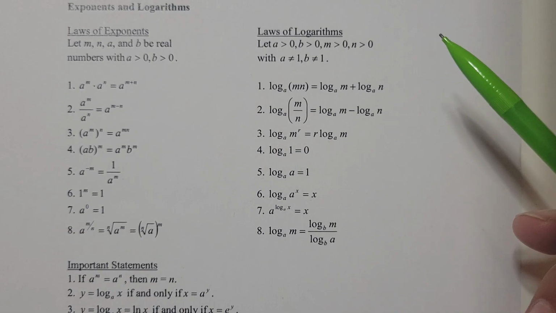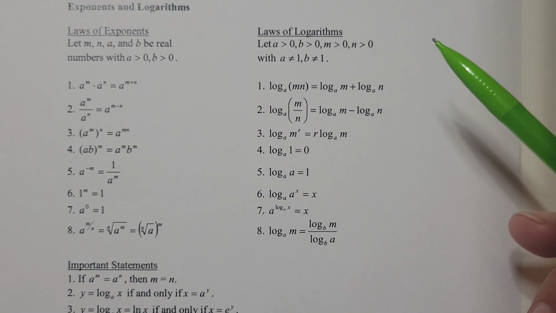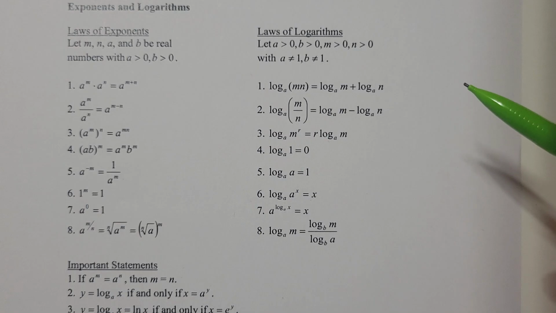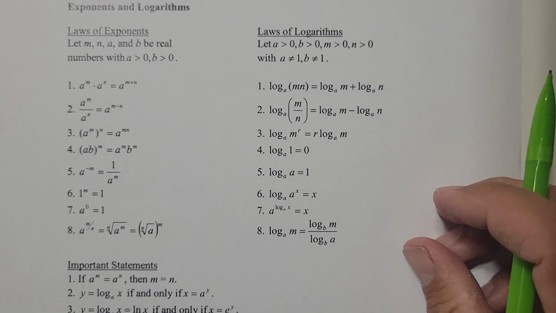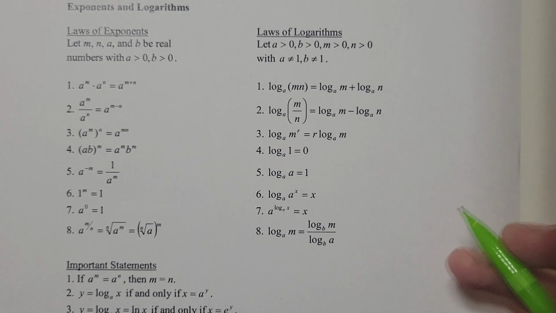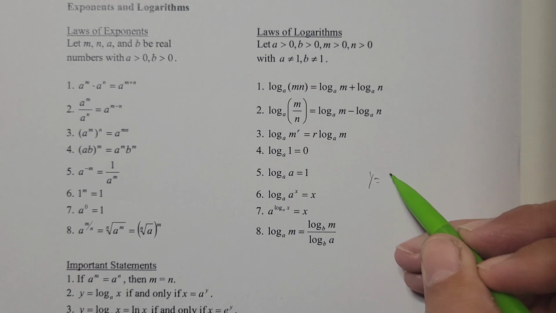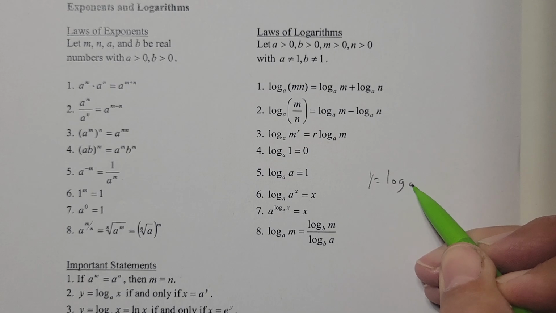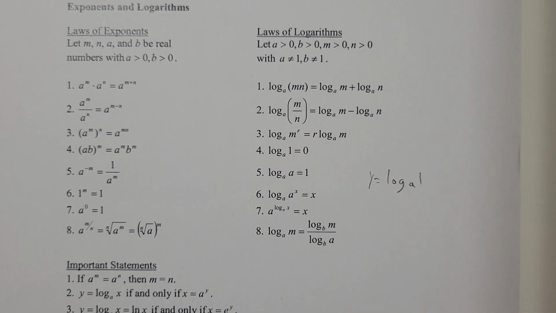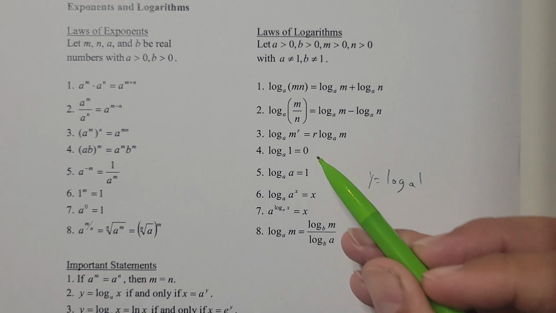Law 4 says that log base anything of 1 is always 0. It does not matter what the base is. Okay? And maybe just to see why that is, what if I had y equals log base a of 1? Then I need to show that y is 0.